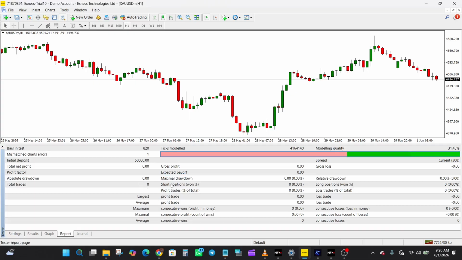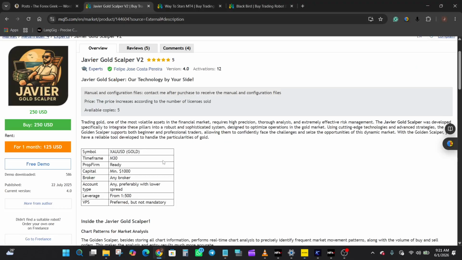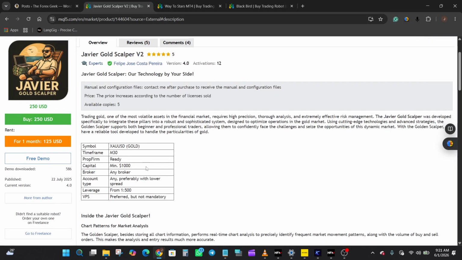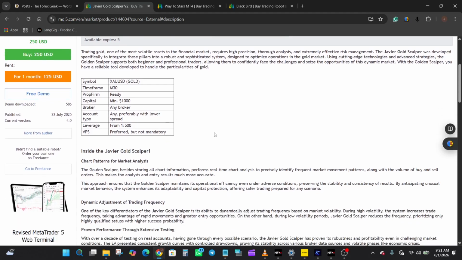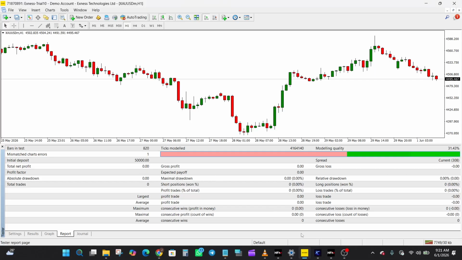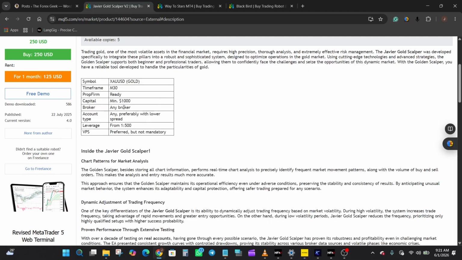So the testing has already been completed, and we didn't have any trade executed here, but I very well followed the recommendations. As we can see, XAUUSD M30. As for the balance, we have a balance of 50,000, as we can see here, which is above the recommended.